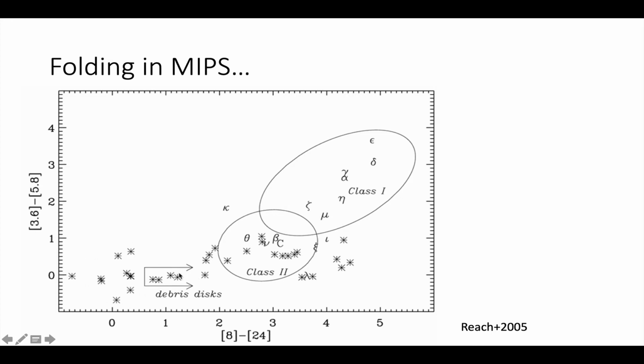Then we've got debris disks, which have a reasonably red 8 minus 24 color but still a 0 3.6 minus 5.8 color; in other words, things that have a ring of dust around them. Class 2s are red, and class 1s are really red. The Greek letters are there because they're the names of specific stars that they were talking about in this article, so you can easily see where the star named Delta is going to be in all of these plots.